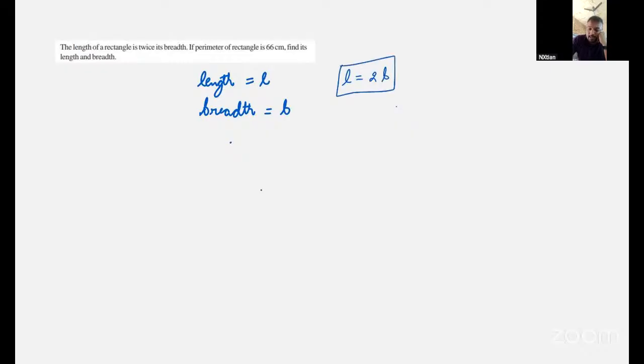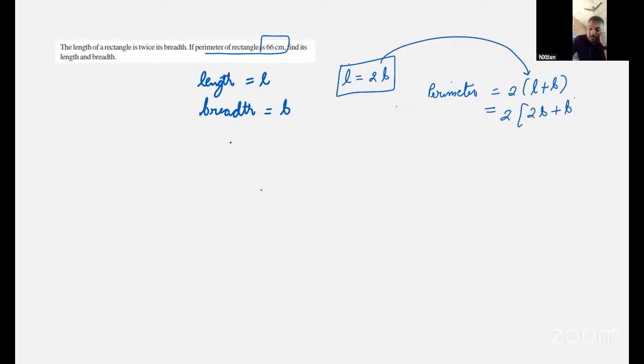Okay. The perimeter of the rectangle is 66 centimeters. Now what is the formula for the perimeter? 2 into L plus B. Now L is 2b, so instead of L I write 2b here. It becomes 2 into (2b plus b). The perimeter is given as 66, so 66 equals 2 into 3b.